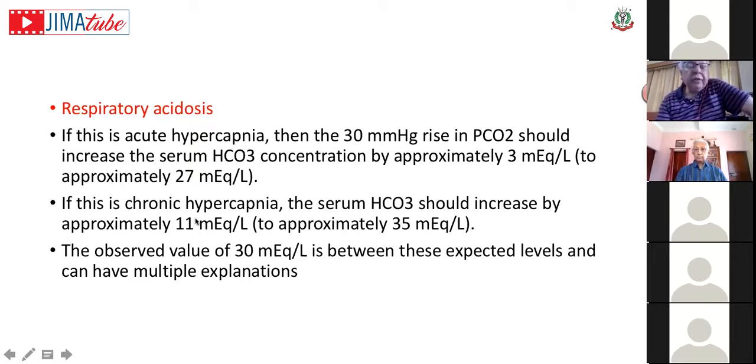Now, if this is chronic hypercapnia, the serum bicarb should have increased by 11 to approximately 35. But this is 30. So it's somewhere between 27 and 35. 30 is the bicarb. So what are the possibilities?